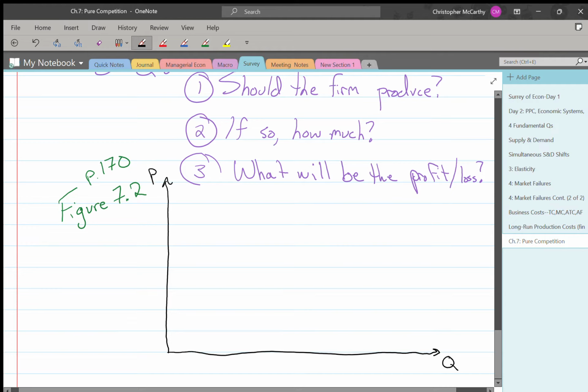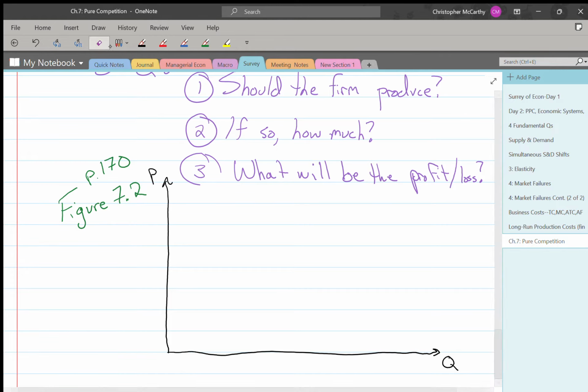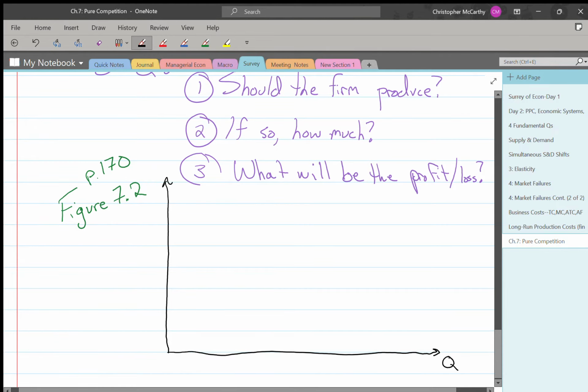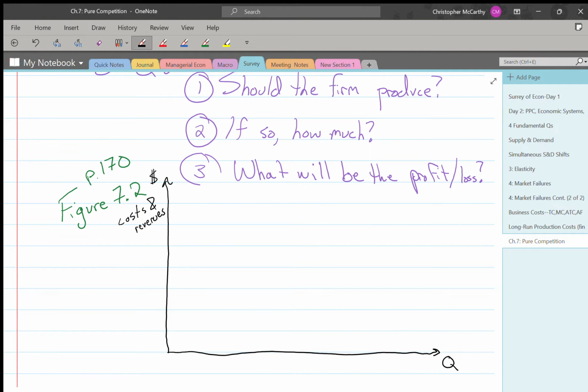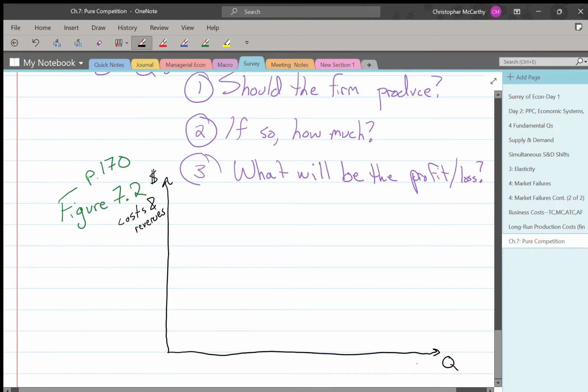So this is the price. Actually, it's more of our costs and our revenues. So yeah, it is price, but probably better off putting a dollar sign there than price. And then quantity, which is going to be our output.